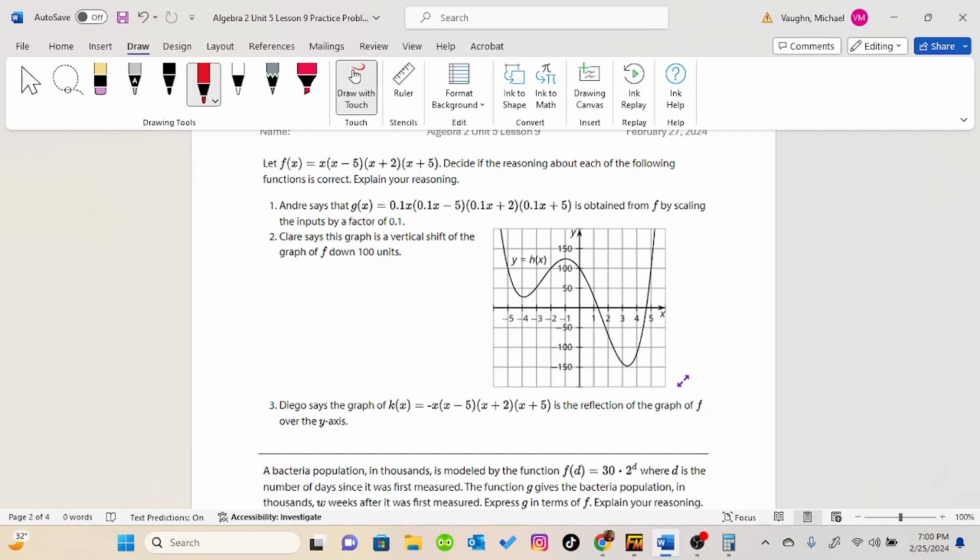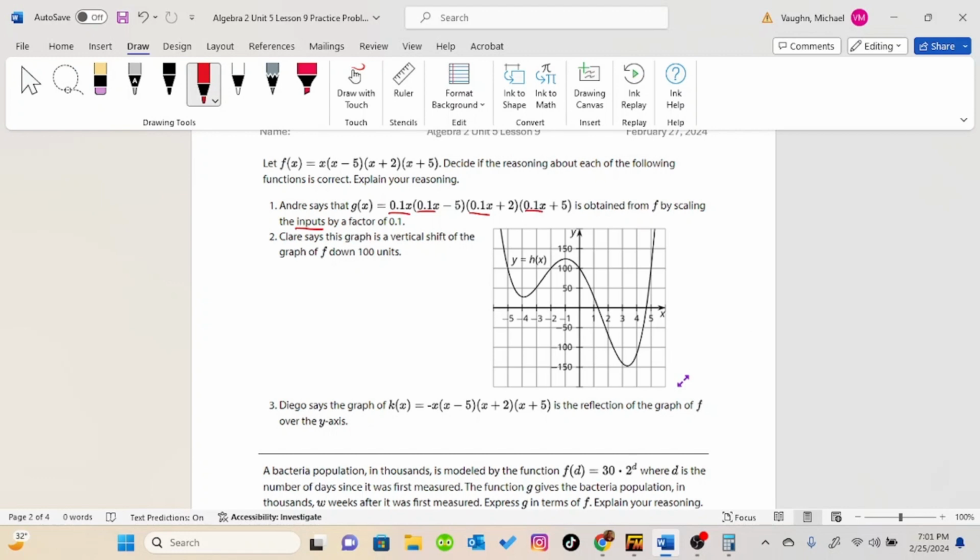In this case, we are trying to scale the inputs, and inputs are the x values. So if you notice, we multiply the x by 0.1 in every situation.